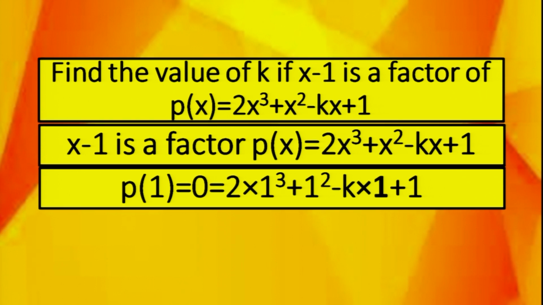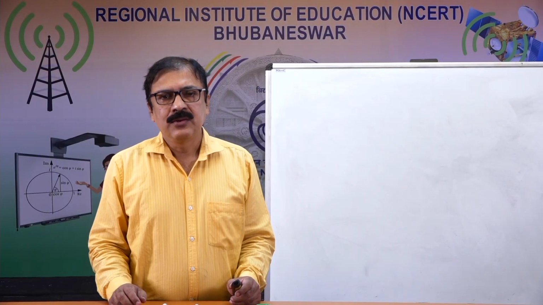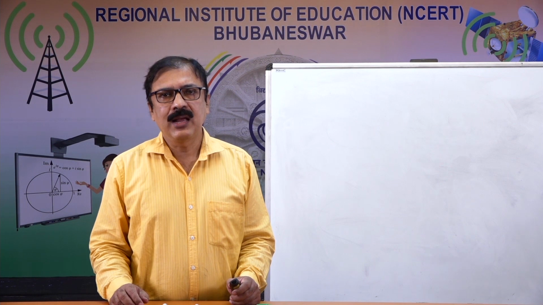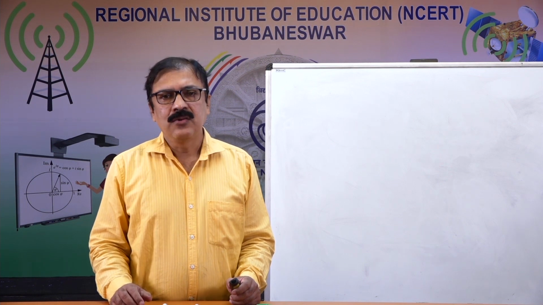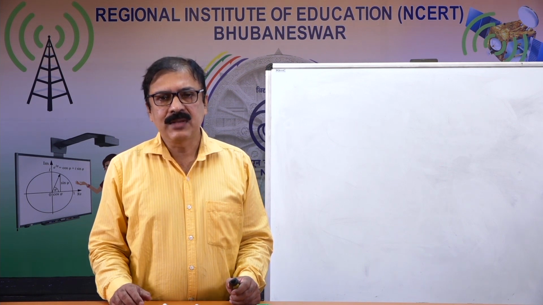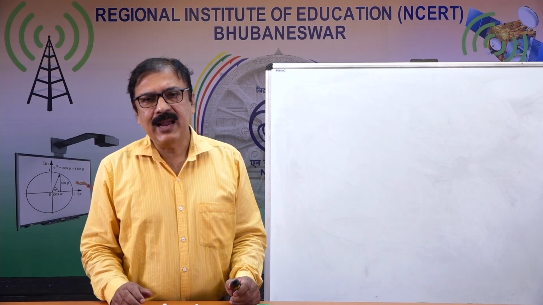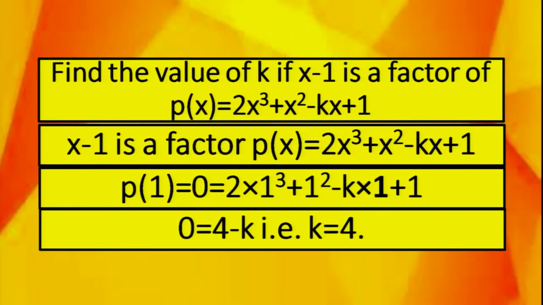Now if we calculate it, we have 0 on the left side, and on the right side, see, 2 into 1 cube gives 2, plus 1 square gives 1. So 2 plus 1 is 3, minus k into 1 gives minus k, plus 1, that means 4 minus k.